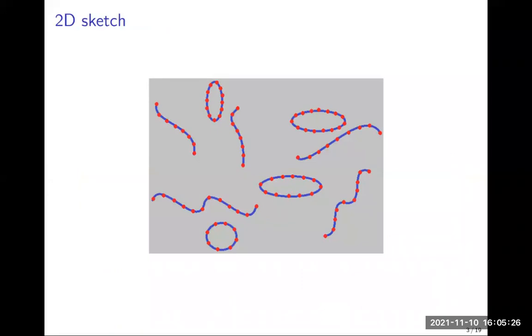Here is a less pretty picture. Basically, I just want to show a 2D sketch of how these structures are represented in the computation. Although this is 2D, all the calculations that I will show later are in 3D. So basically, we discretize these structures using a Lagrangian grid.